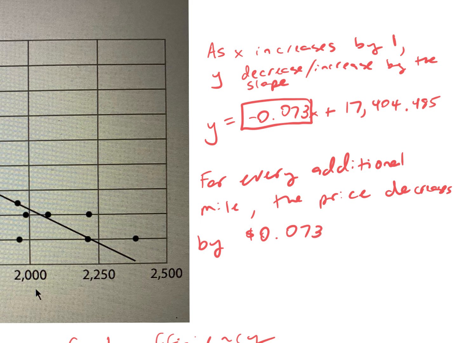An odd number to say, but 7 3/10 of a penny. So notice I am talking about both variables, which happen to be mileage and price, and I'm also talking about the slope. It's decreased because my slope was negative.